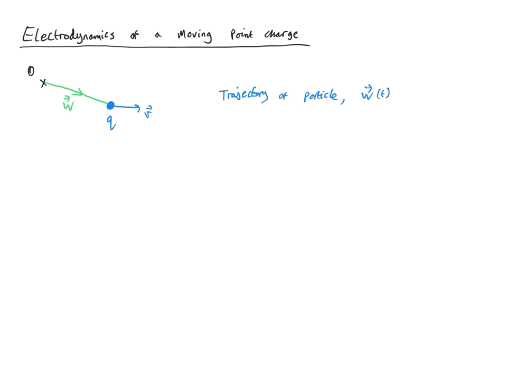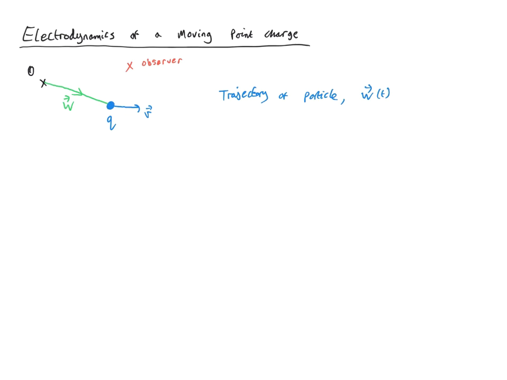In principle, the velocity v could also be time-dependent, v of t. So what we want to know is the value of the potentials or the value of the fields at some other point. Let's say this red point over here, which is the observer. So this is the so-called field point, whereas the charge is the so-called source point.